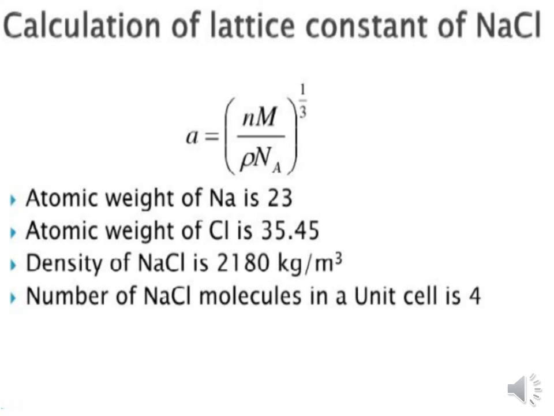N is the number of atoms present per unit cell, M is the molecular weight of sodium chloride, rho is the density of sodium chloride, and Na is Avogadro's number. Substitute all these values and find out. Finally, calculate the lattice constant value of the sodium chloride crystal structure.